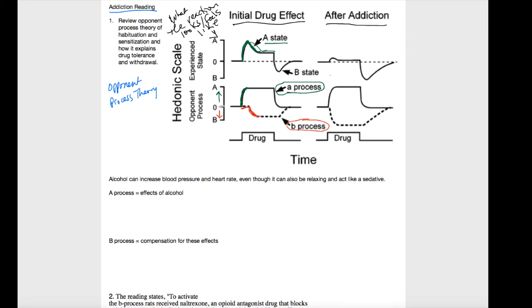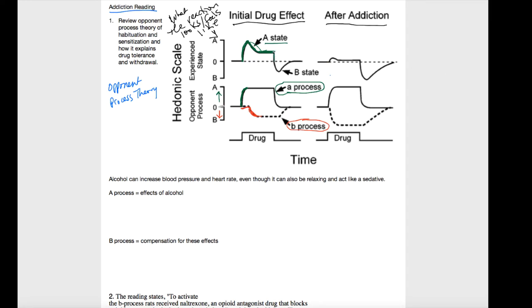Now, the compensation is not super strong because this is the initial drug effect. This is the first time, and the body doesn't really have a lot of experience combating or compensating for this drug. And so the effect is more of a moderation as opposed to an elimination of the effect of the drug. And so we reach this steady state here until the drug wears off.